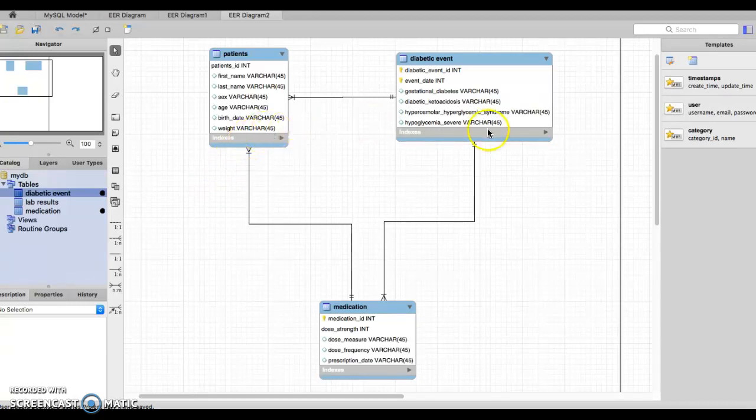They list these two in particular as being some of the most important criteria, especially if you are only giving a snap look into how your patient is doing. The prescription date and the dose based off of the diabetic event for the patient would give you a brief snapshot of how the patient is doing.